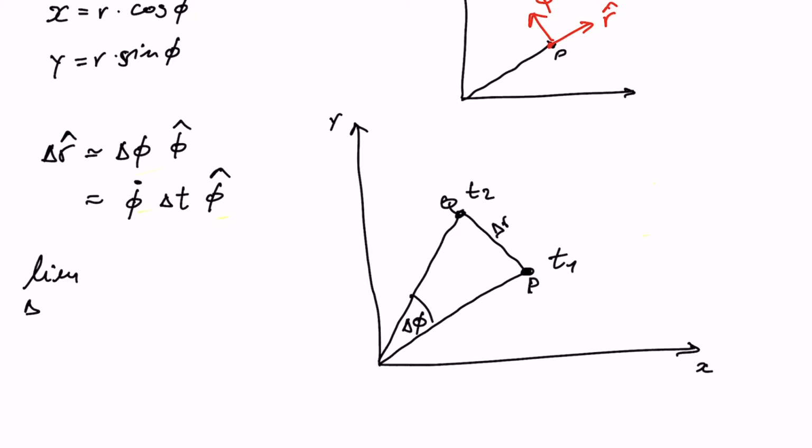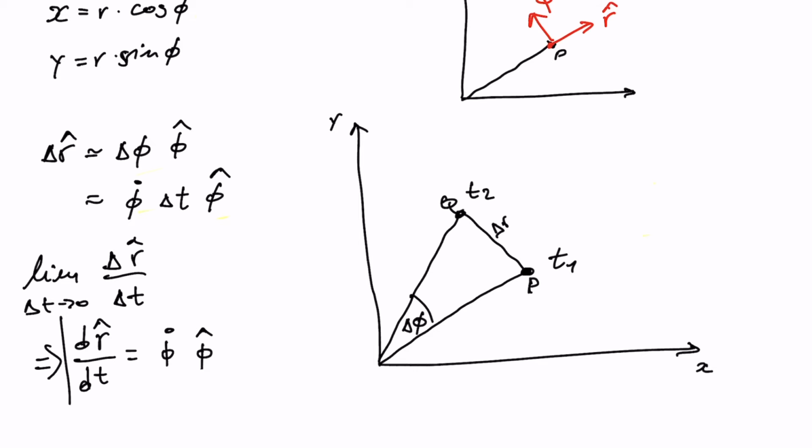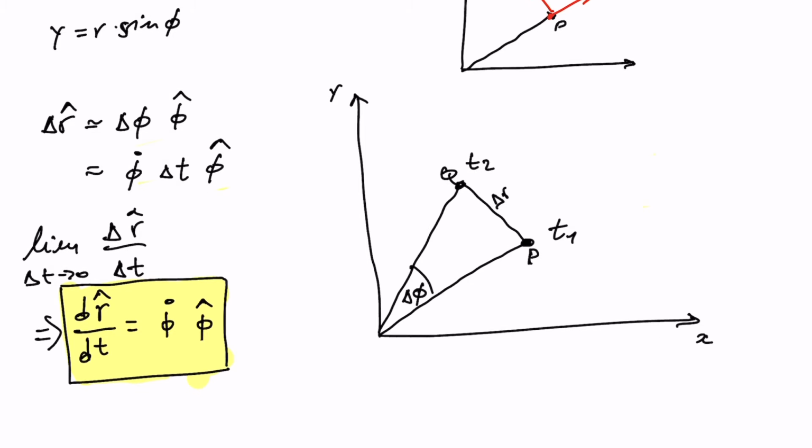Now if you take the limit of delta t going to 0 of delta r over delta t, you are going to get the derivative of the unit vector with time. It's going to be phi dot in the phi direction. So this is one of the equations that we are going to need later.